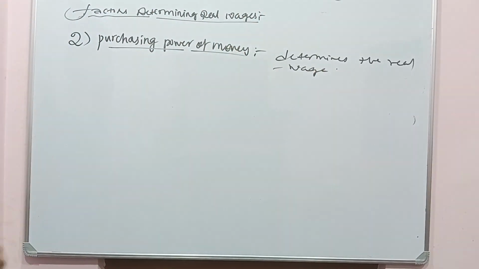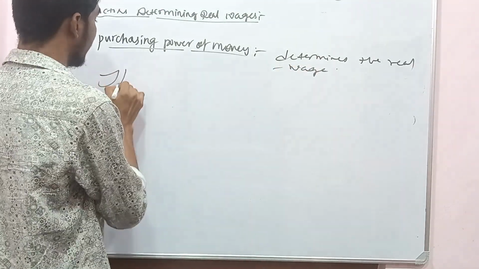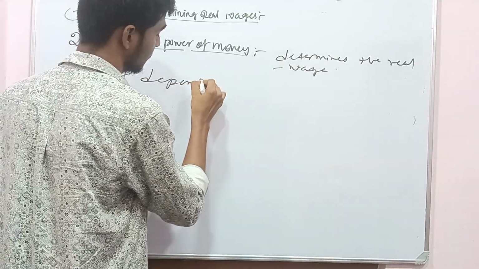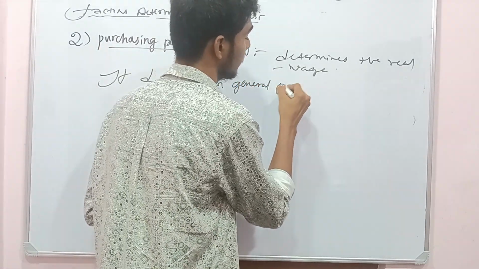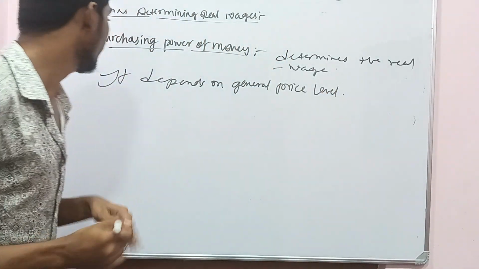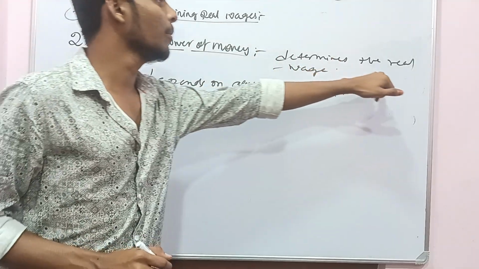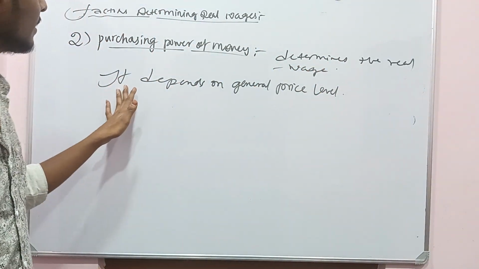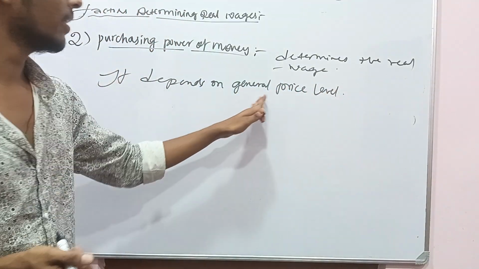The purchasing power of the money which determines the real wage depends on the general price level. How, I can tell you right now? The purchasing power of money determines the real wage, and the real wage depends on the general price level.